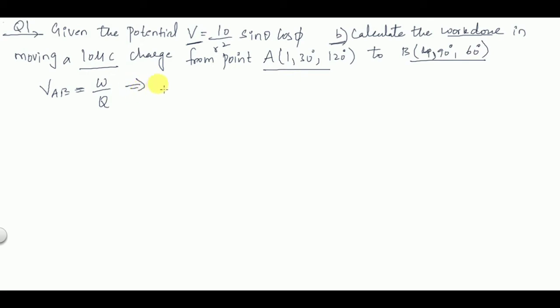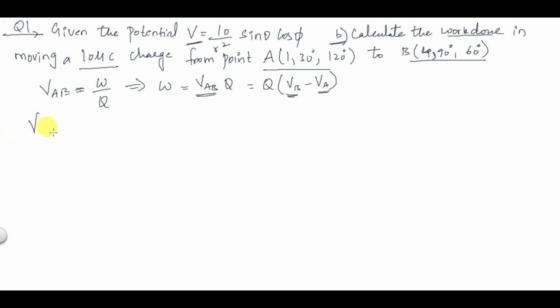So we want to find W, so W is equal to VAB into Q. VAB is VB minus VA. This we have also proved, and we already saw it in the potential concept. Okay, so we need to find VB and VA.